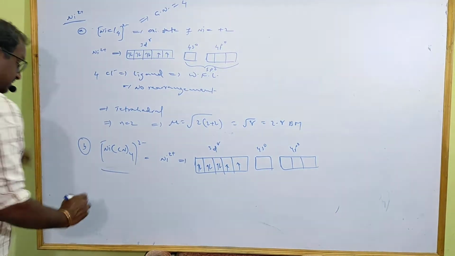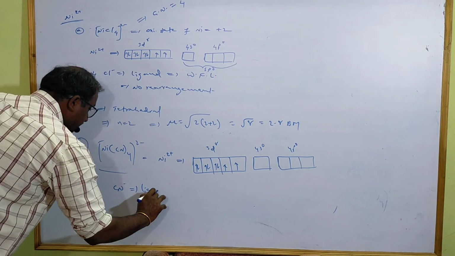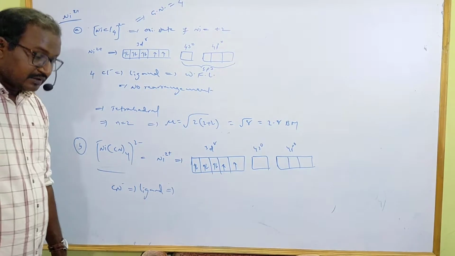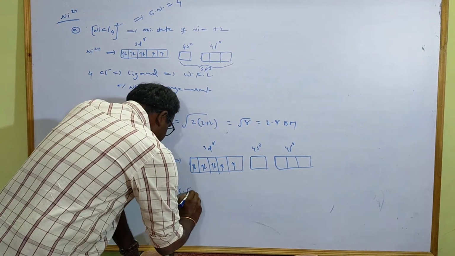But here one thing, CN- is the ligand. Which ligand is it, strong field or weak field? Yes, anybody? CN- is a strong field ligand.